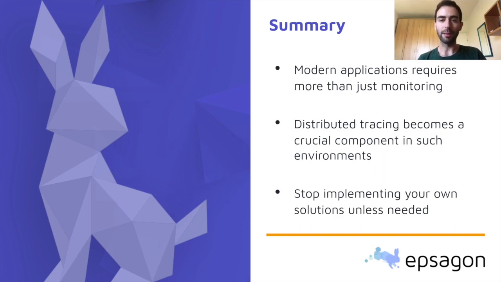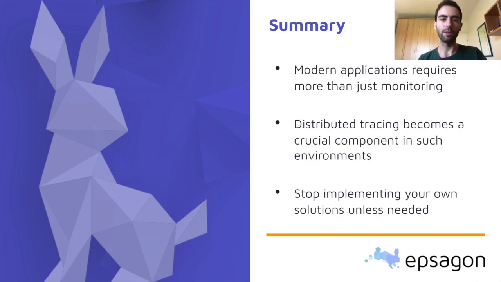So just in summary, I think that you all understand now that modern applications, especially serverless ones, require more than just monitoring or just a logging solution where we need to sift our way through the logs to understand what's happening. And distributed tracing really becomes probably the major part in our applications today, an important and crucial component for every observability solution.